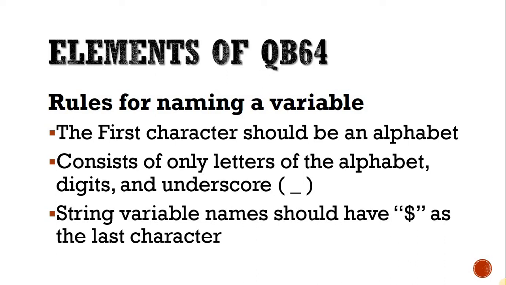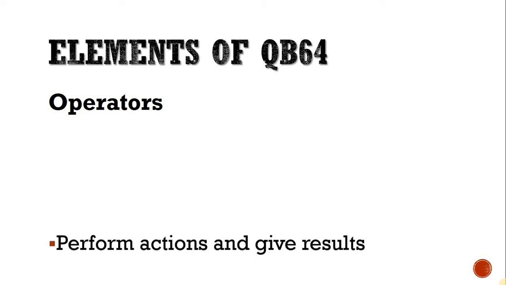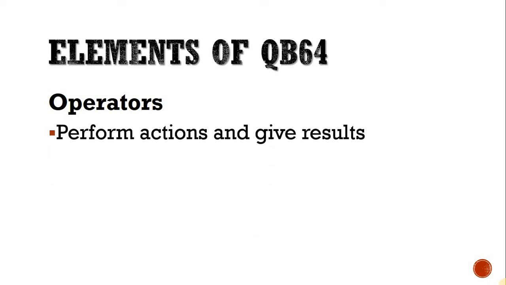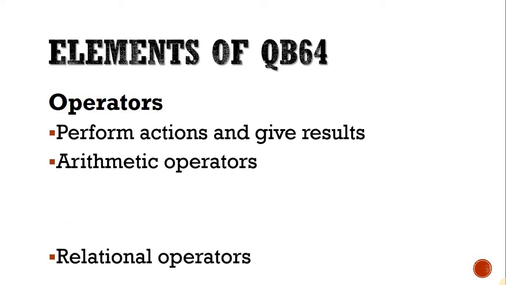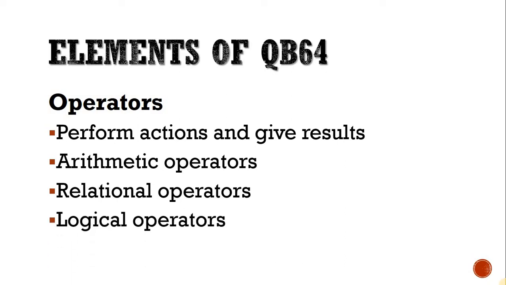After that, we discussed operators. Operators perform actions on variables and give a single value as a result. There are three types of operators: arithmetic operators, relational operators, and logical operators. Arithmetic operators are used to perform mathematical calculations.